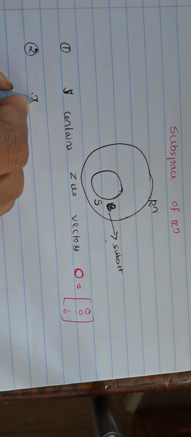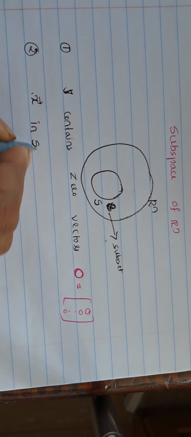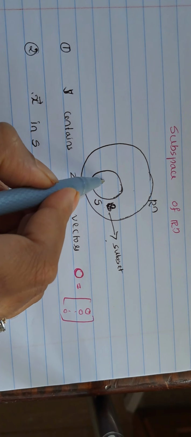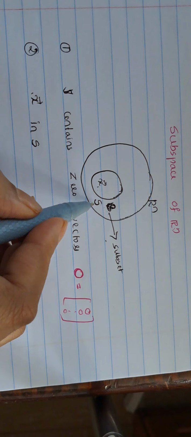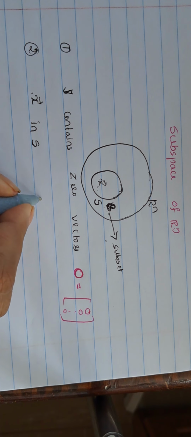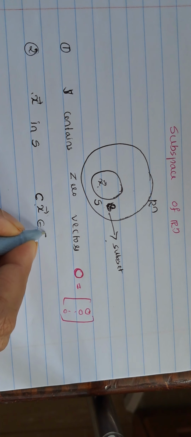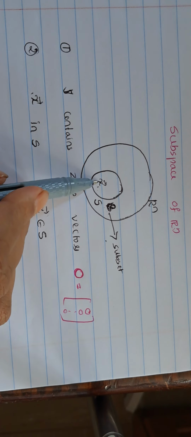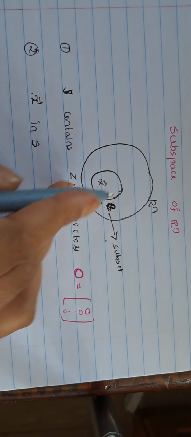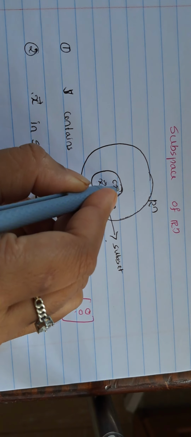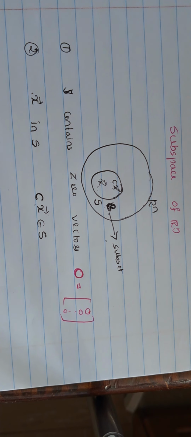The second condition is, if I take a vector x from this subset S, and multiply it with any scalar c, then it must also belong to S. So if x belongs to the subset S, then after multiplying with any scalar c, it must belong to the same subset.